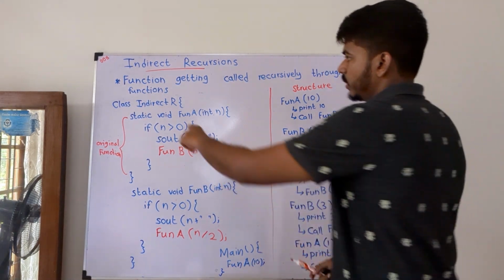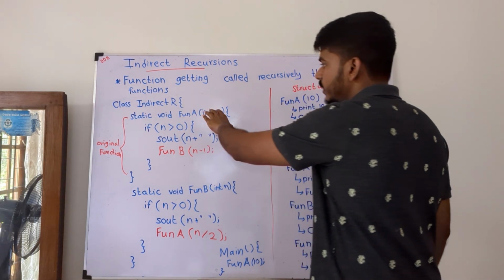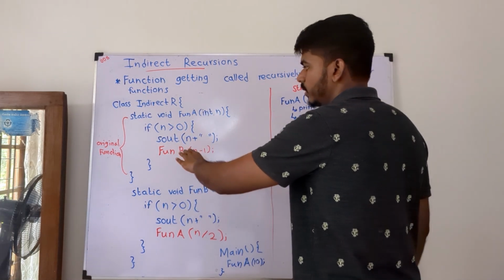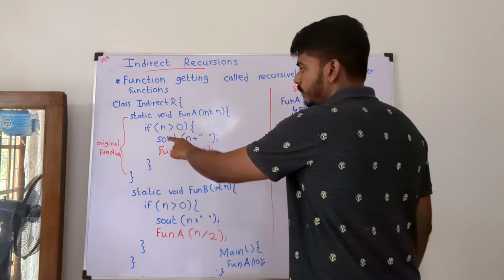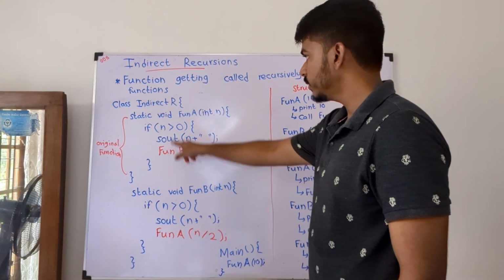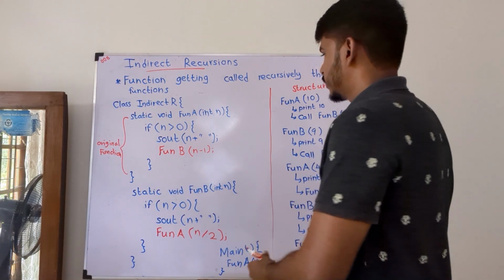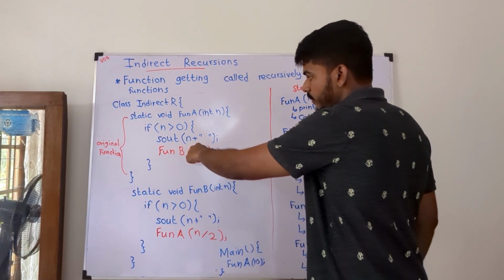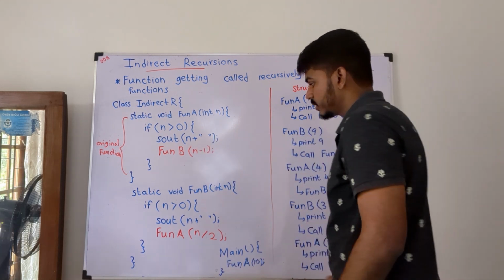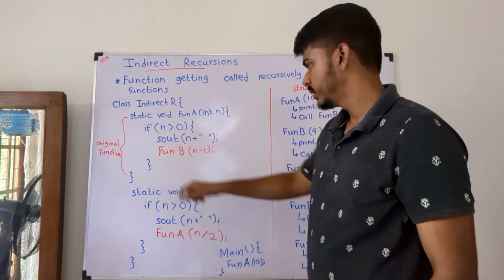Here, function A takes integer n as a parameter and checks whether the number is greater than 0. If so, it prints the number. Then you can see it has not called the function itself, it has called another function, which is function B, by subtracting 1 from the number we have inputted. So here is the function being called.